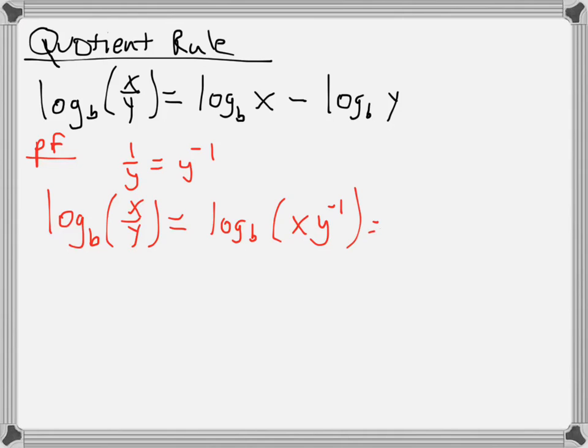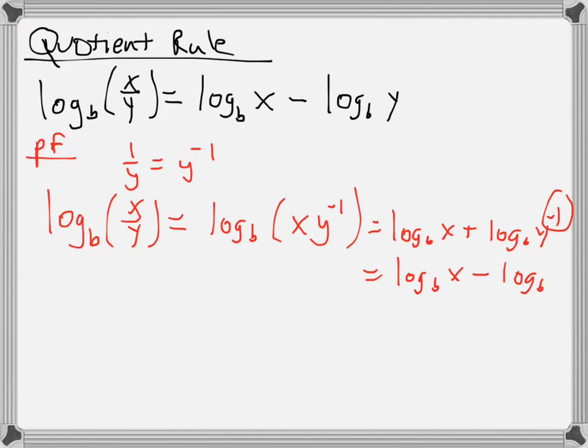And now I can use my product rule, so that's log base b of x plus log base b of y to the negative 1. And now using my power rule, I'll take the negative 1 power here and I'll put it up front. So that'd be negative 1, and that's just going to change that to subtraction. So there's a proof of it.